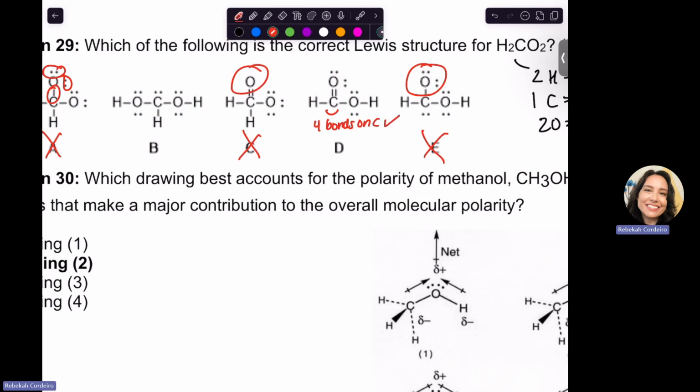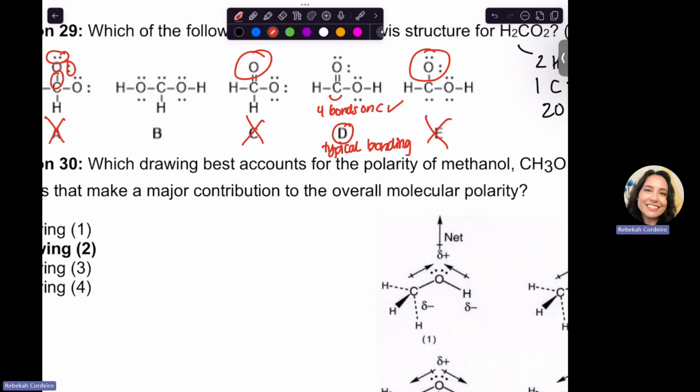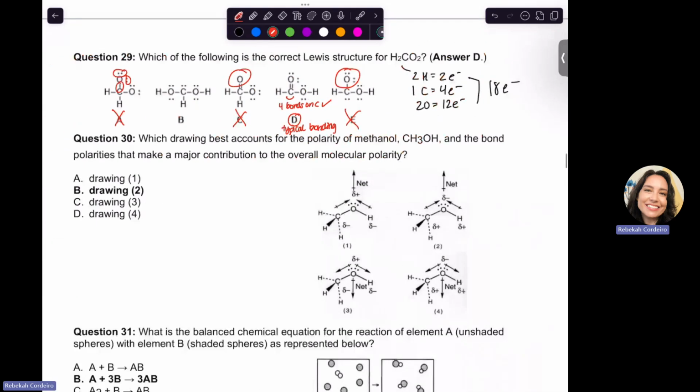So it's not an incorrect structure. Everybody has an octet, you have the right number of electrons, but this one is better because it's more typical. The typical bonding pattern is usually going to be a more stable or a better structure. So you've got to practice to find that typical pattern. We talked about it in class, how you can tell in the periodic table what the typical bonding pattern is.